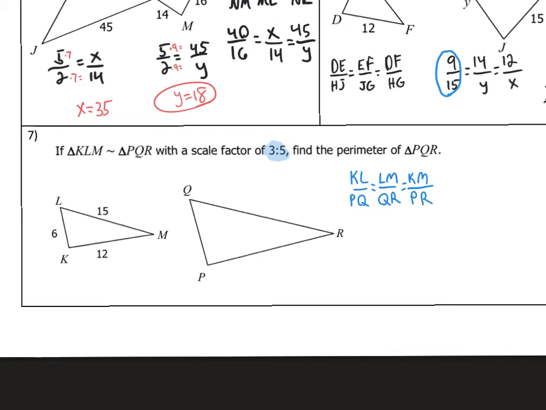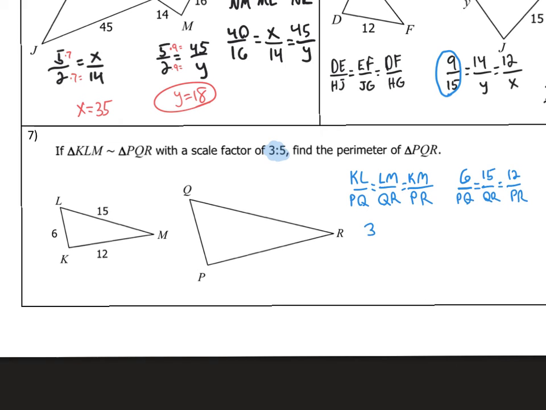So KL is 6, LM is 15, and KM is 12. And then PQR is going to be the same. I'm just going to copy that over. PQ, QR, and PR. Now to find each of these, I'm going to use the scale factor of 3/5 to find PQ, QR, and PR.